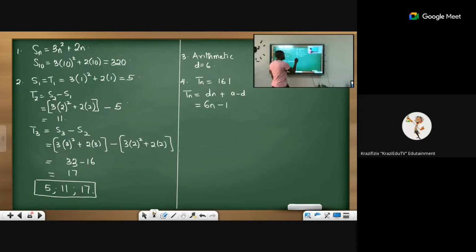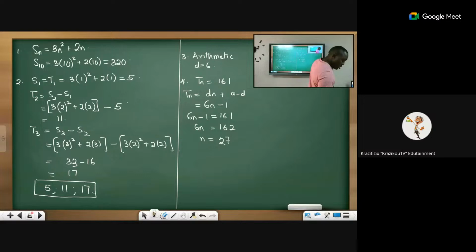So we're saying 6n minus 1 equals 161. 162 divided by 6. How many 6 do we have in 16? That should be 2. 12, 42, 27. There are 27. Can you see how maths can be done without stress? Maths done so easily.